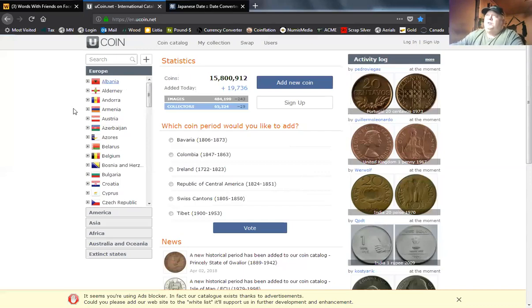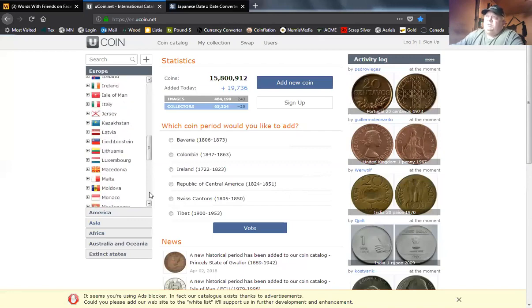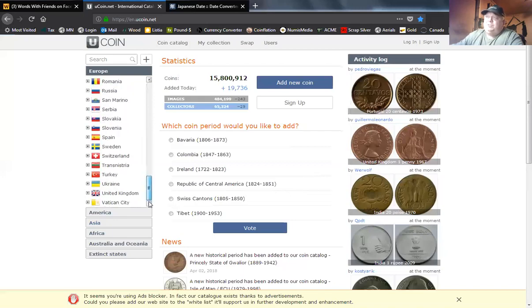But if you know what type of coin it is, okay, let's say we'll go... some coins you're not going to know because you don't know their language. And a lot of coins in Asia, they don't put the dates on.